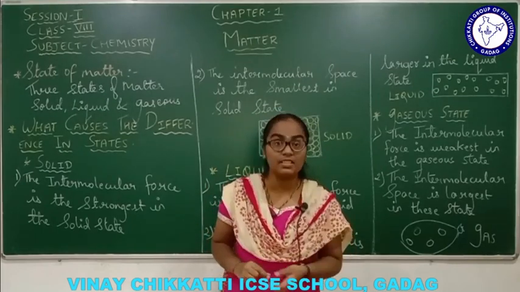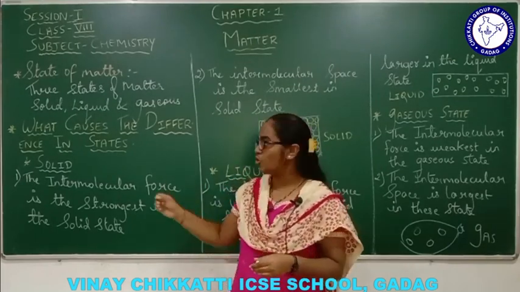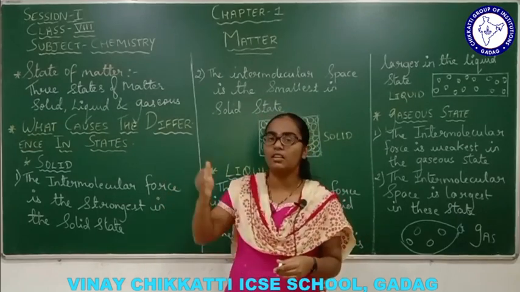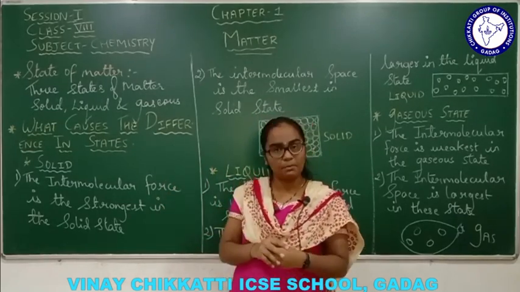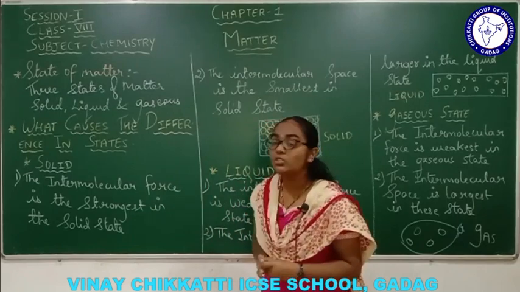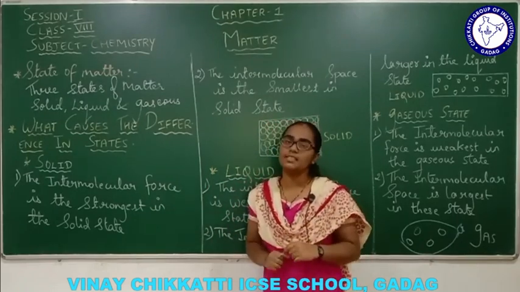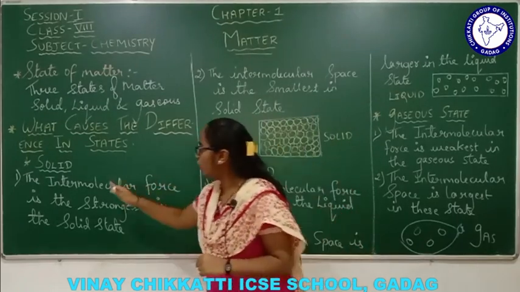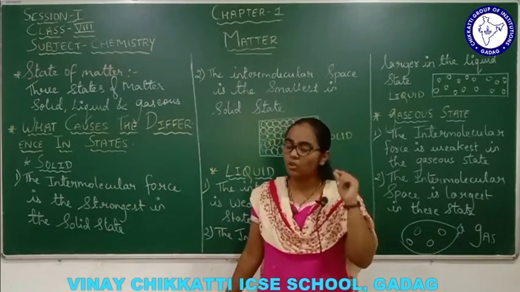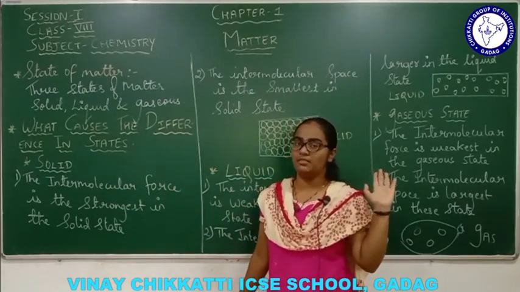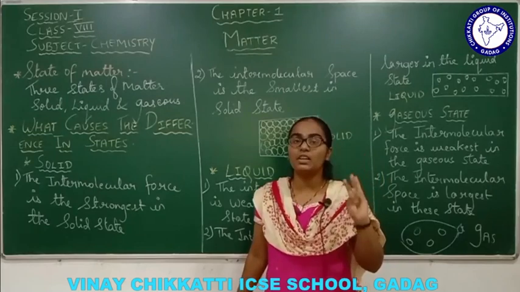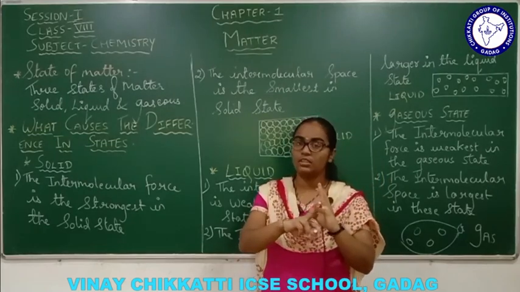So if it is having all these properties, there should be certain factors which are making those properties accomplish it, right? So what are those factors? Let's understand that. So the intermolecular force, now we will talk only about the solid state of matter, right? So for that we need to understand the intermolecular force point.